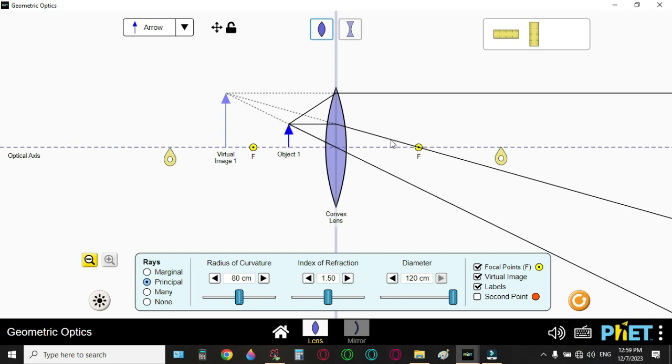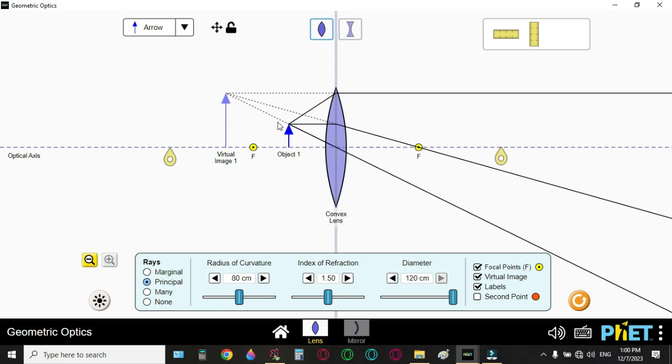Then you just extend this part of the refracted ray, and the two rays should meet at this point. So that is where the image is formed if the object is between the focal point and the vertex.